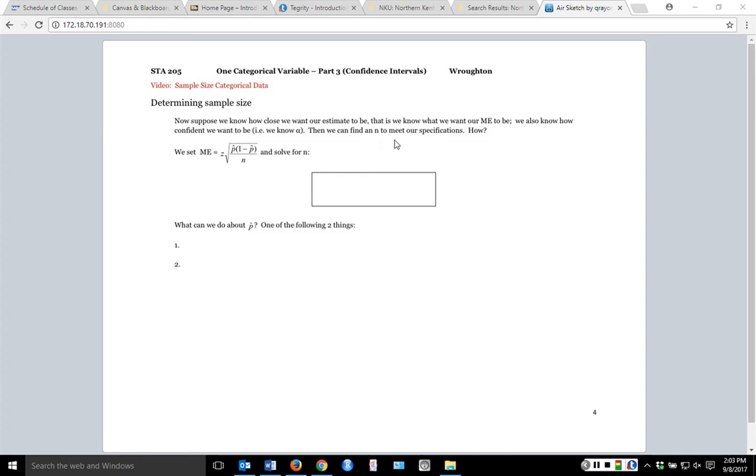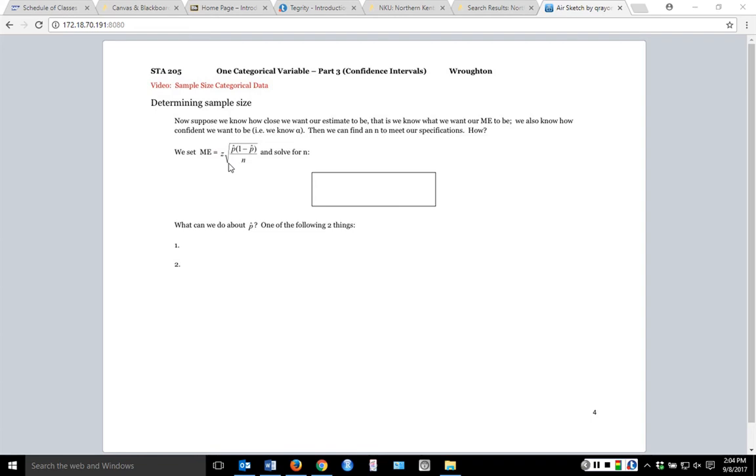And the reason why I can do that is because the margin of error is this formula. So really I'm just going to take this formula and solve it for n. And in all reality, I really want my margin of error to be no bigger than that. So I could technically think of that as being a less than or equal to as my ultimate goal, but just for solving sake, we're going to leave that as an equal to.